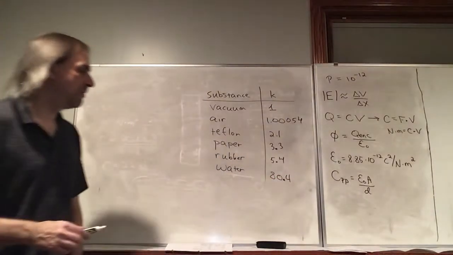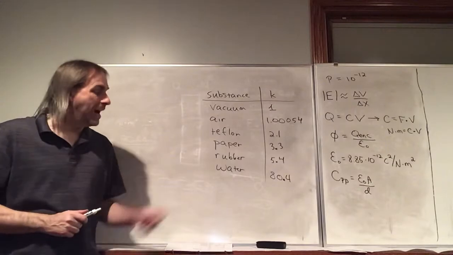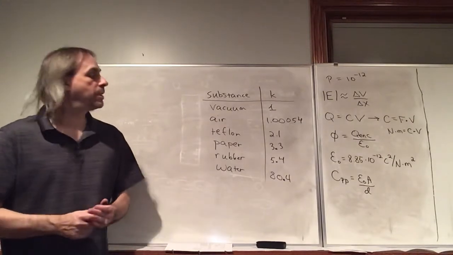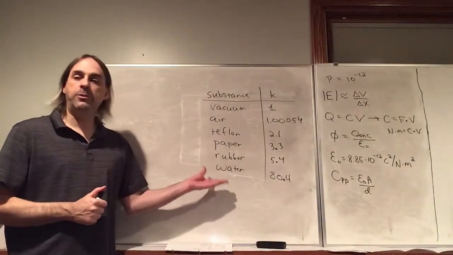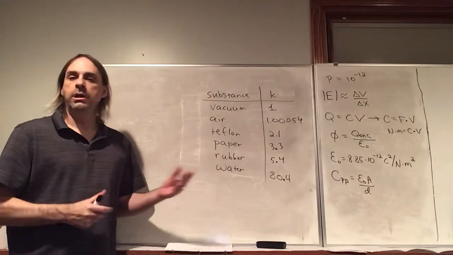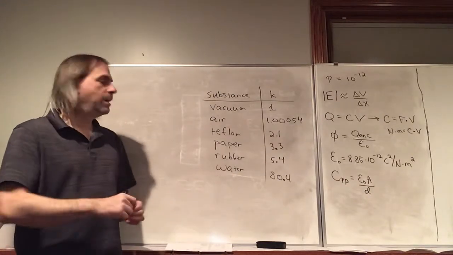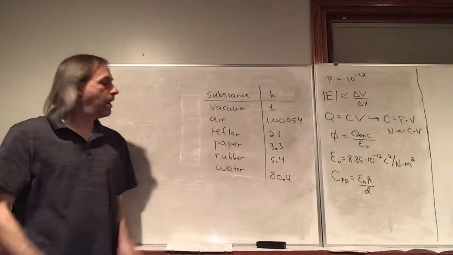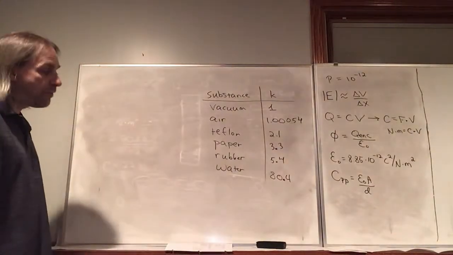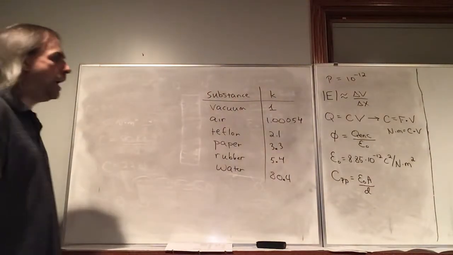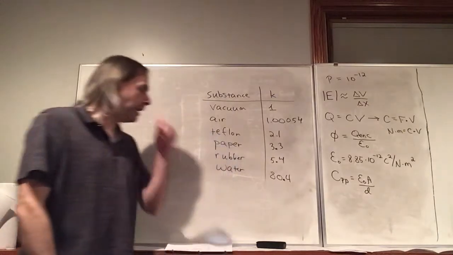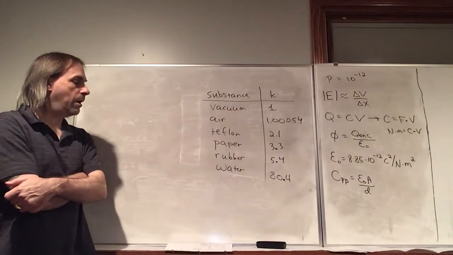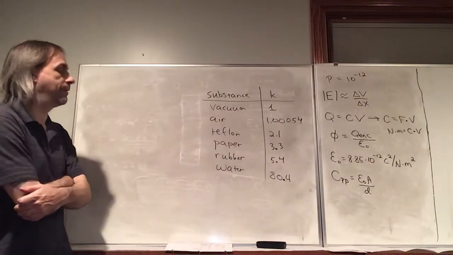Now, I kind of mentioned why this dielectric constant is so high for water, and that's because water is a polar molecule. The charges are already separated, and so if you apply a field, they're just going to line up, and you get a huge effect with water. And you can actually build a capacitor using water as part of it.